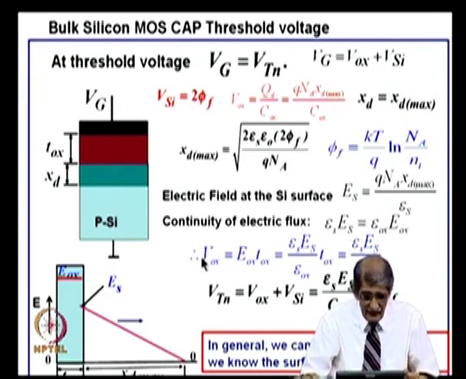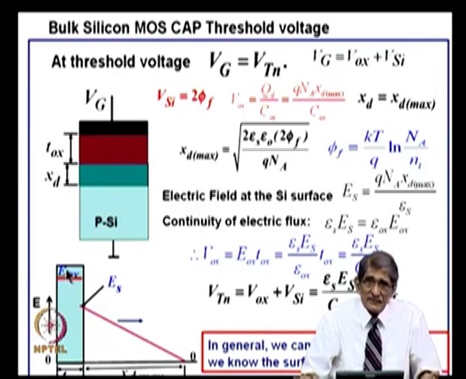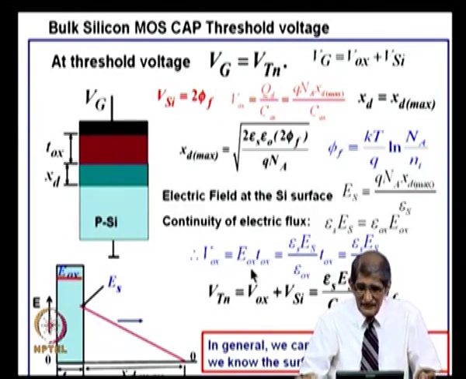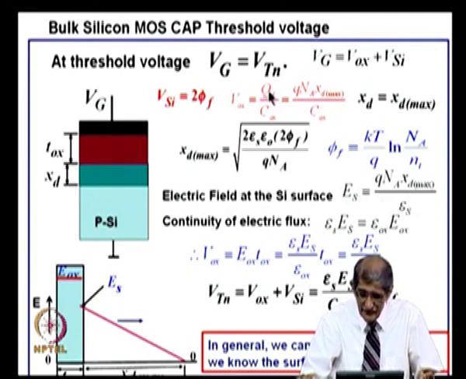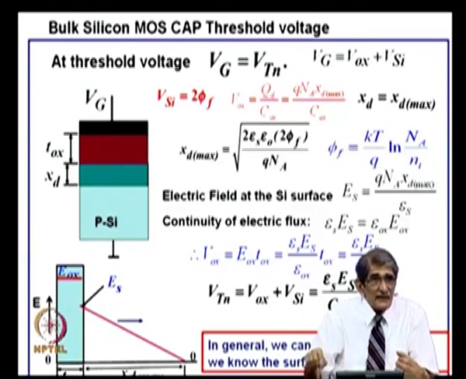So, now you can see I have drawn the electric field diagram here. E oxide is higher than E silicon. If I know E oxide, I know the voltage drop across oxide, correct. I am just trying to get this relationship slightly differently, because you may not have that representation precisely, but you can find out.